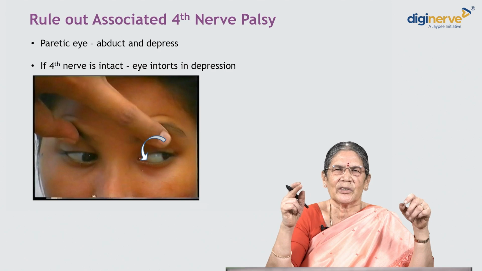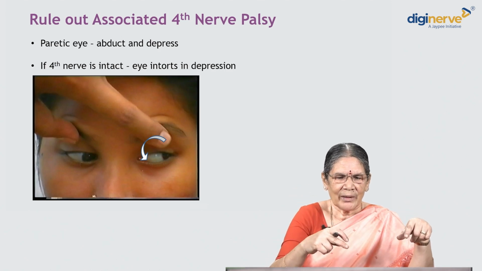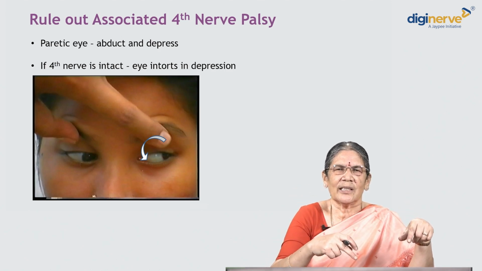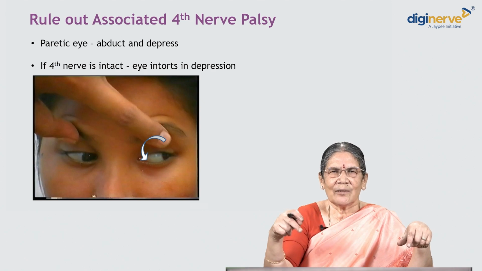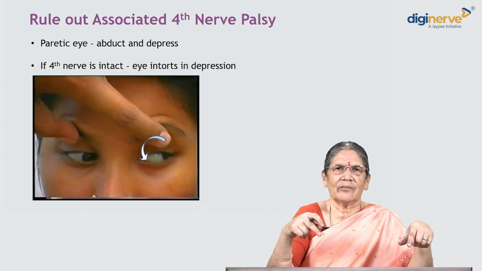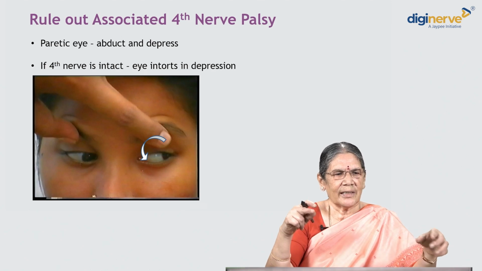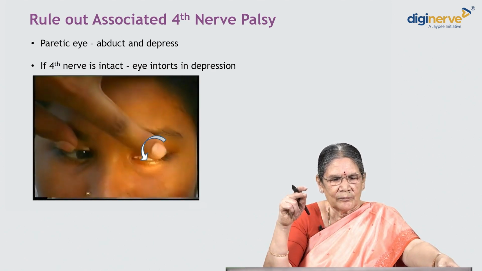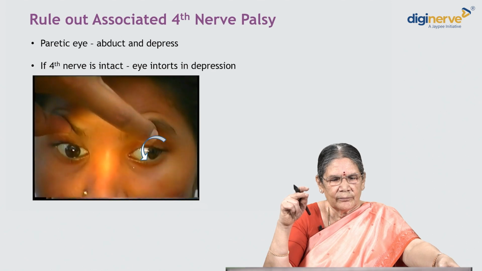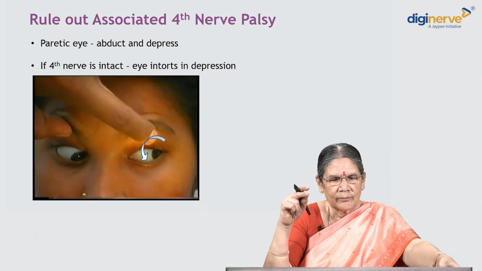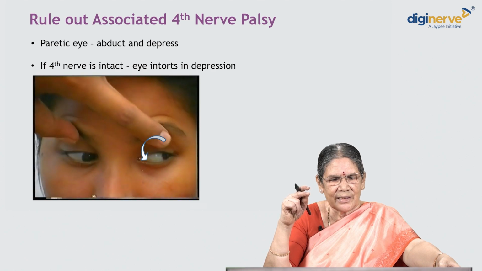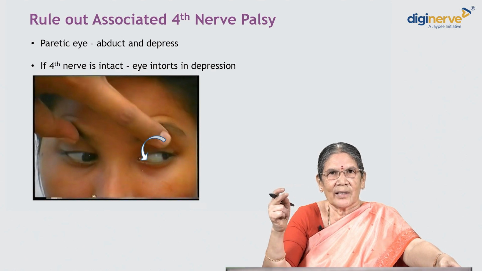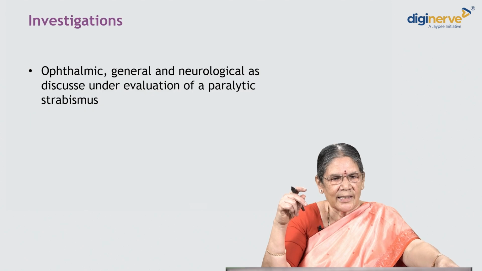You cannot check for direct depression in down gaze, which is the main action of the superior oblique, because adduction is totally lost. So, this is the only way: by checking the torsion you can find out whether the fourth nerve is intact or not. You can see very well as the eye abducts and then comes down, the eye intorts nicely, so it is intact.